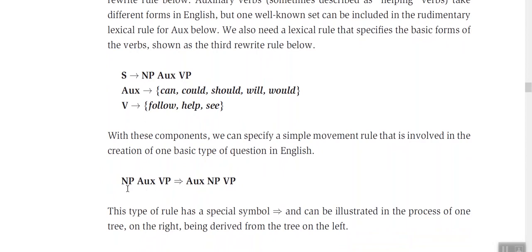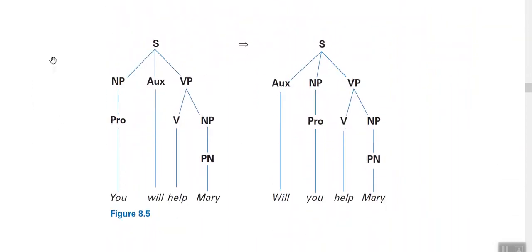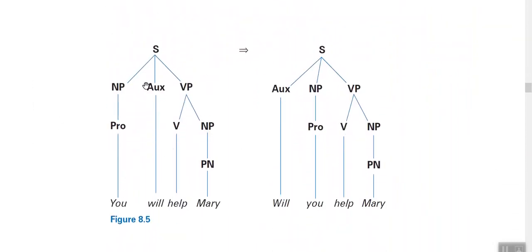What is the rule? For example, here we have sentence, noun phrase, and verb phrase. Noun phrase, auxiliary, verb phrase. Of course, when we want to make a question, we bring the auxiliary to the beginning. So auxiliary, noun phrase, verb phrase. That's all. This is the normal order.